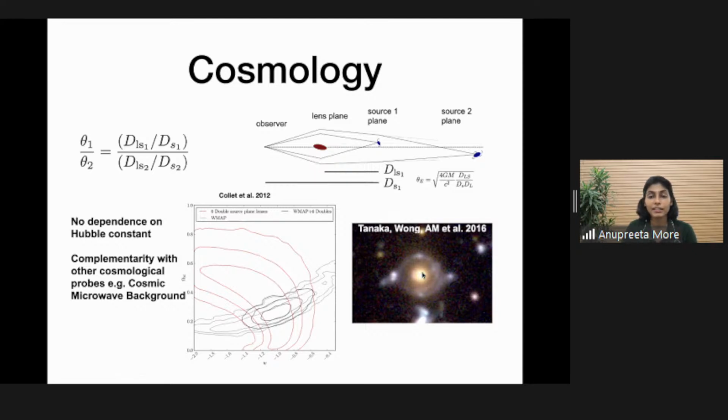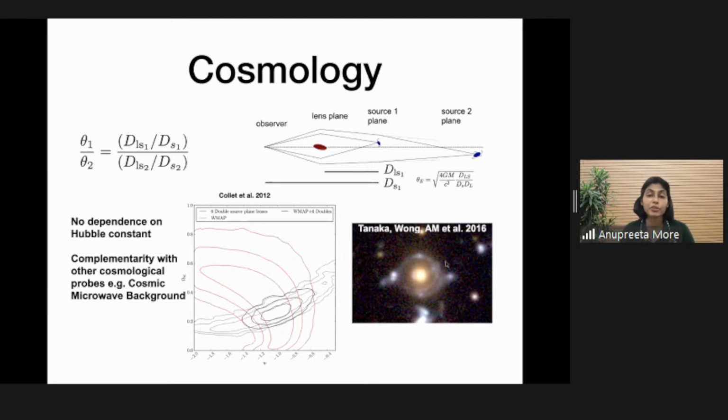We have a lens galaxy here in the foreground, which looks like this yellowish elliptical galaxy, and then we have this red arc and a counter image here that corresponds to source one, and then we have source two, which is this bluish, almost ring-like feature at a higher distance, and we can see that the Einstein ring is much bigger compared to this red arc.